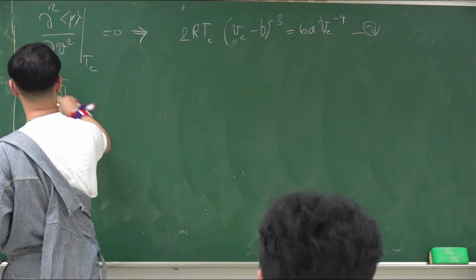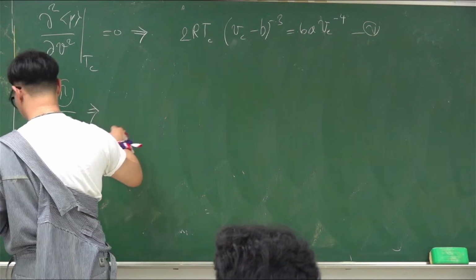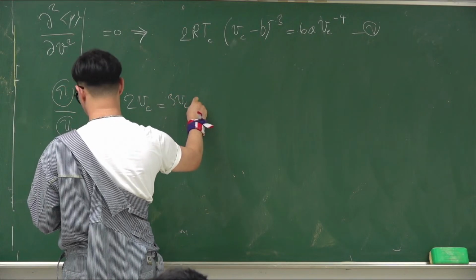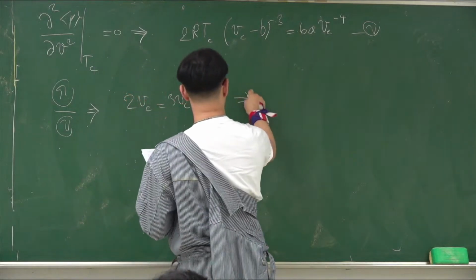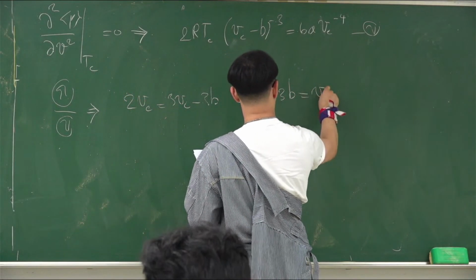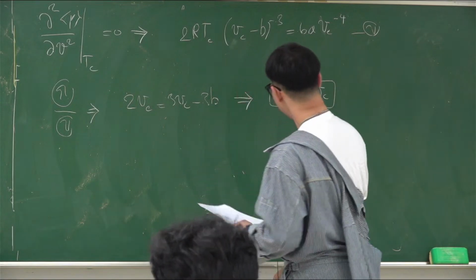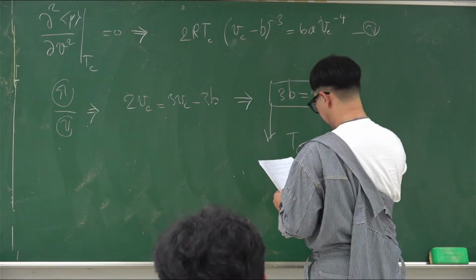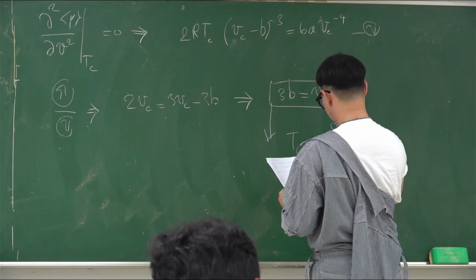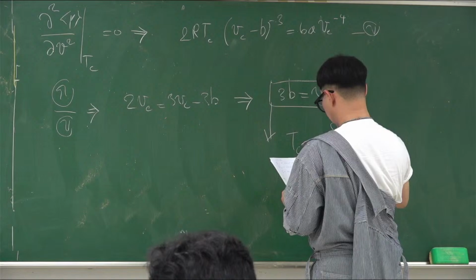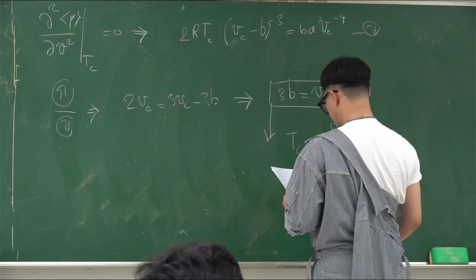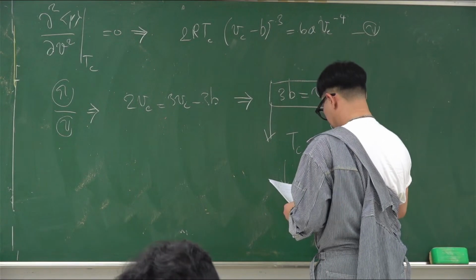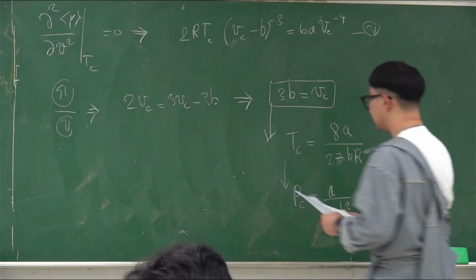If we consider the ratio between these two, you will get this, then you could solve for B. And once you solve for B, you could solve for TC, which is this, and of course you could solve for PC, which is this.